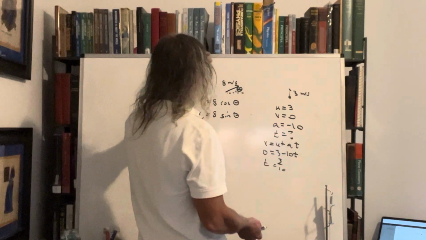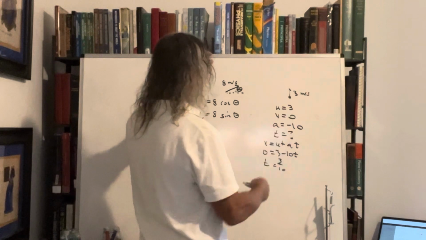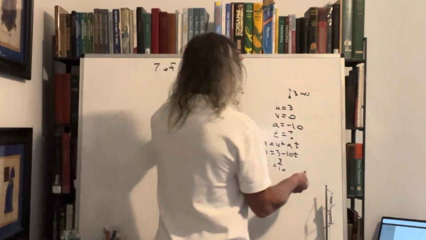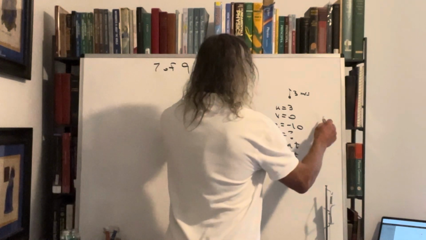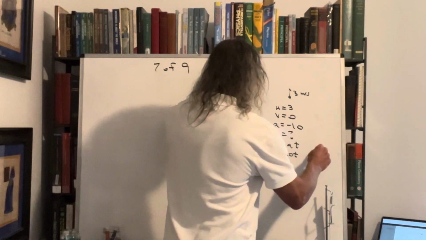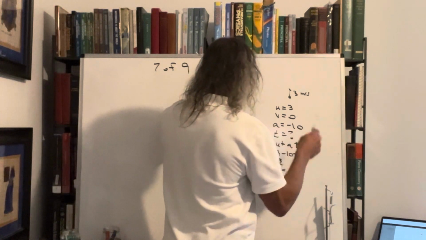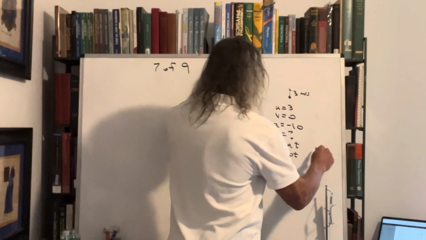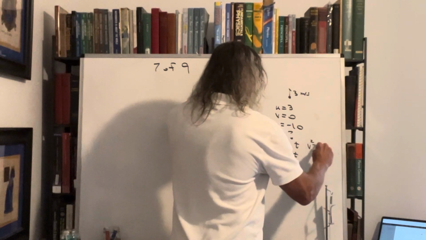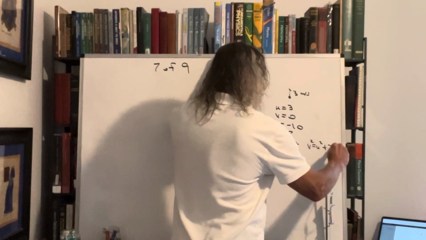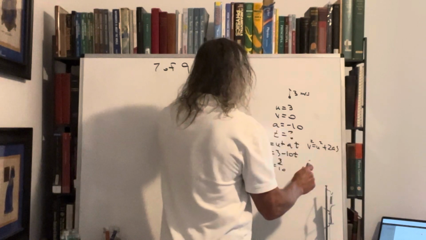And I don't know if we need how high it goes. While I'm here, we could also do this with the S, I guess I can squeeze it in. V squared equals U squared plus 2AS.